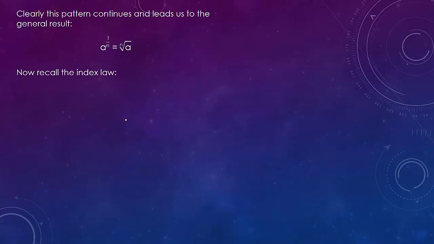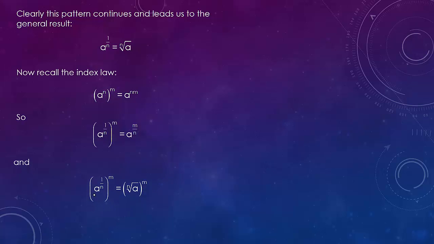Now recall the index law, a to the power n to the power m, this is a power of a power, is equal to a to the n times m. So if we had a to the 1 over n to the m, if we multiply m and 1 over n, we get m over n.